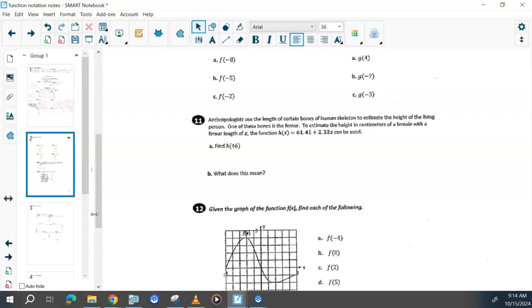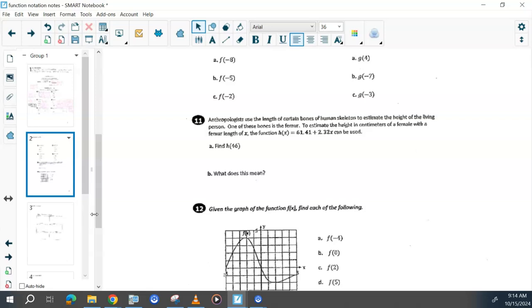Which one was it? You would square it first.